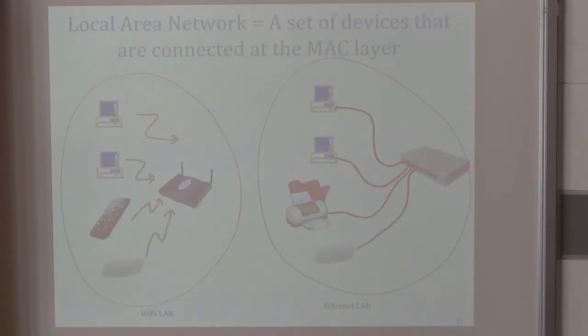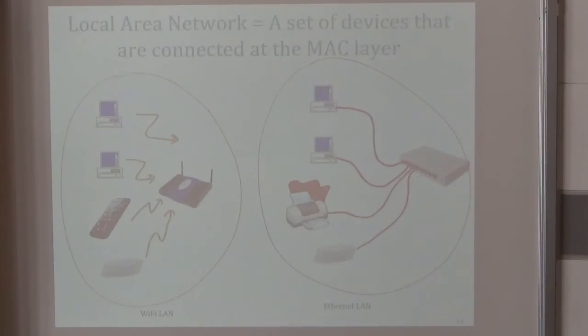A local area network, in acronym LAN, means precisely a set of devices that are interconnected using MAC addresses. So here it means that the top computer and the bottom thing, which is a router, if I send a packet from the top to the bottom and I happen to know the destination MAC address of the router, it will receive it.